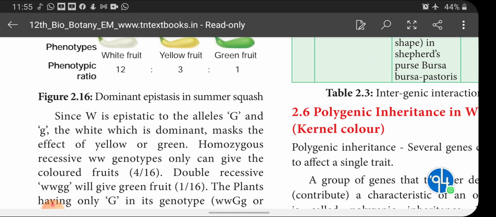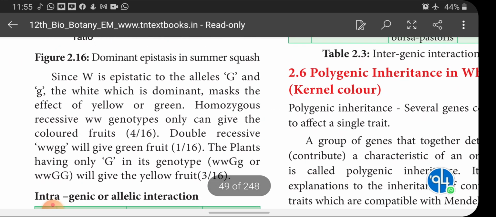Then only the homozygous recessive small w genotype can give the colored fruit, that is 4 out of 16. Double recessive small w small g will give green fruit, in the ratio of 1:16.